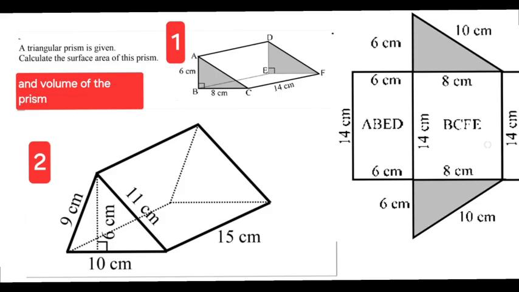Now this question says a triangular prism is given. Calculate the surface area of the prism, and also I'm going to show you the volume of this prism. First we start with question 1, this one, and the second shape is after that.